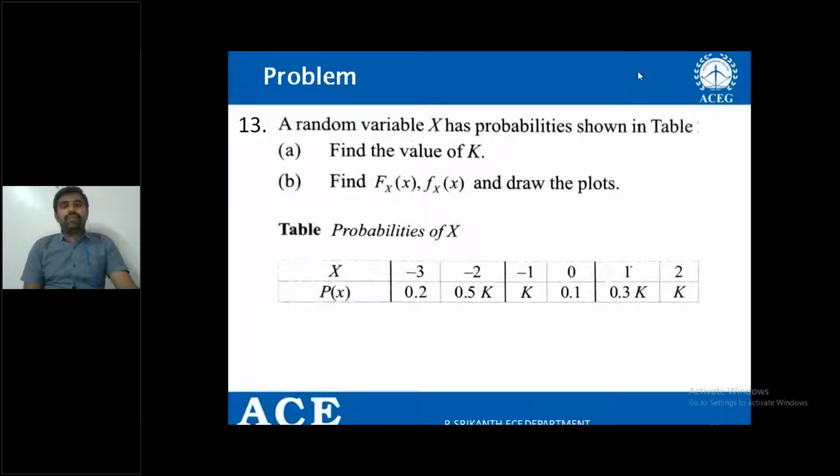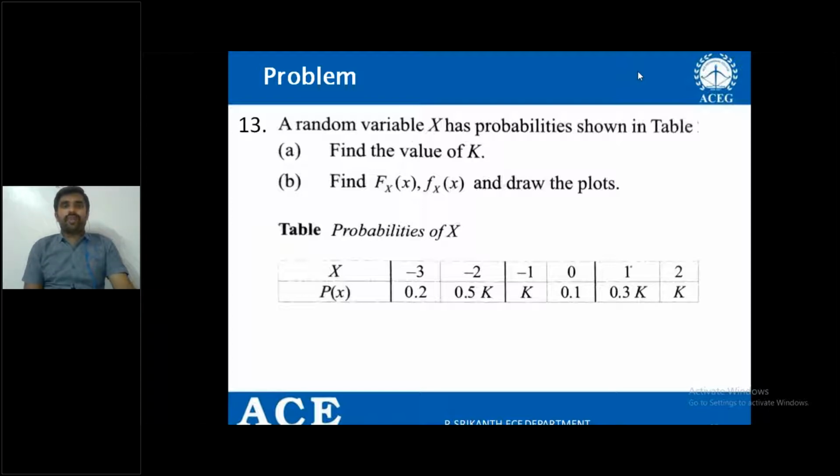A random variable x has probabilities shown in the table, and you are supposed to find the value of k, and find capital Fx of x, that is the CDF, and small fx of x, that is the PDF, and also draw the plots. So what is the given data here?